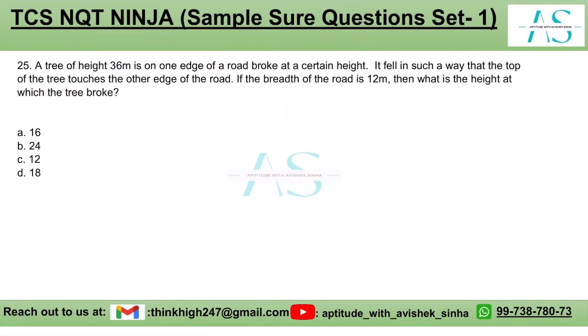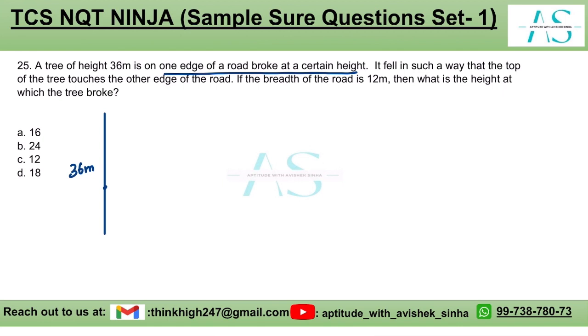A tree of height 36 meters. So let me just draw 36, let's say, and then we have straighten this up. So this length is 36 meters. All right. Now, the tree is on one edge of a road, and broke at a certain height.